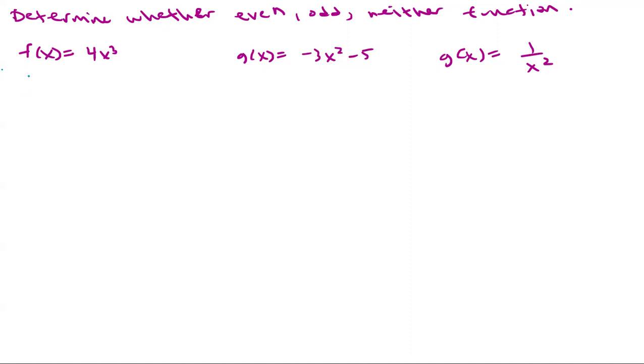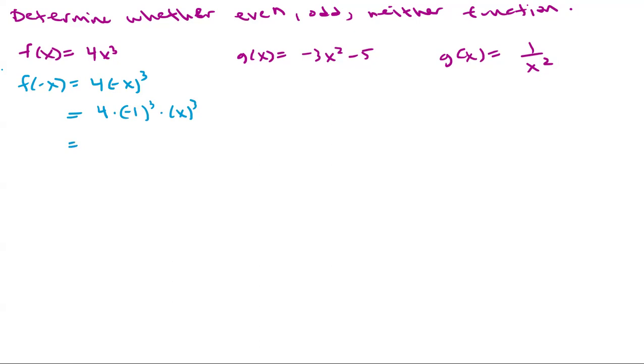Okay, so we have f of negative x equals 4 times negative x to the third power. I'm just going to break this down. So we have 4 times the negative x, that's negative 1 times x, or I can write it as negative 1 to the third times x to the third.